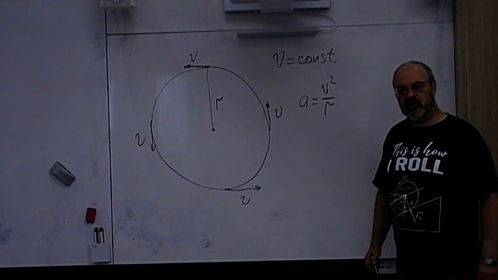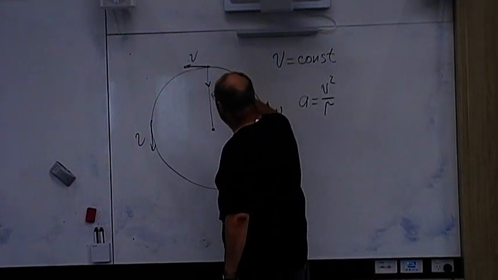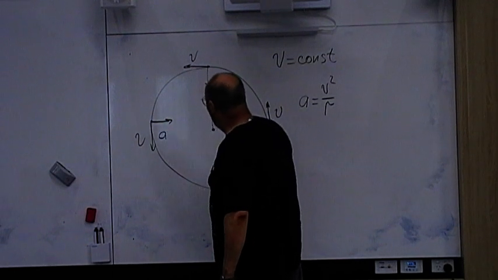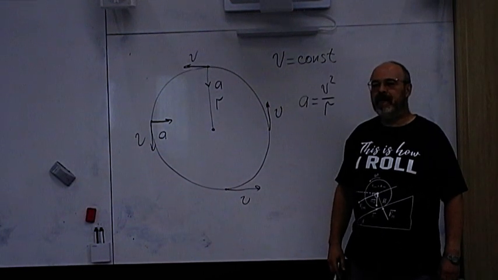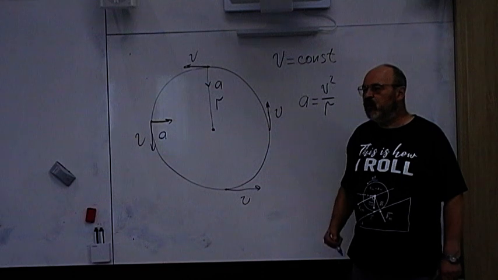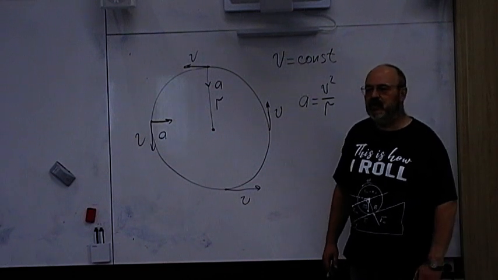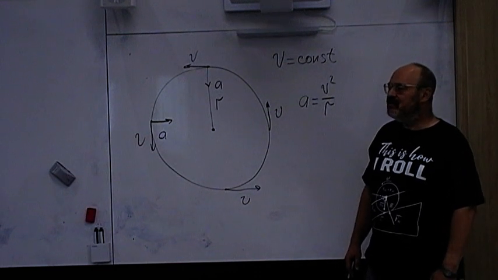And the direction of this acceleration will be all the time at a right angle to the velocity. Why does it have to be at a right angle? That's towards the radius, to the center, but why? What will happen if it is not at 90 degrees?